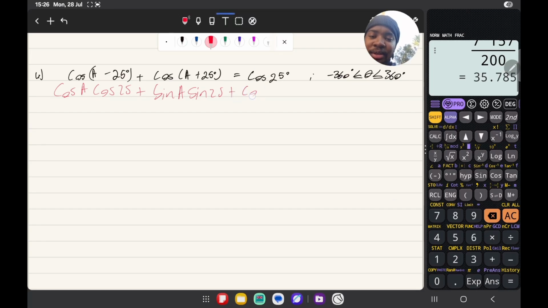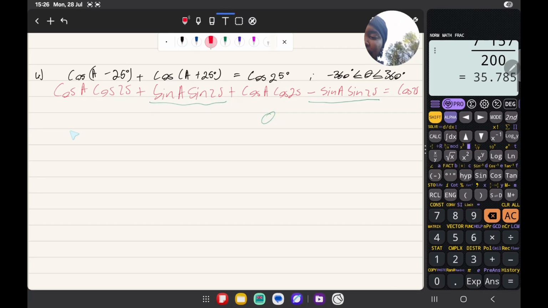Then you have a plus cos a cos 25, then there's gonna be a minus sine a sine 25, which equals cos 25. Look at the minus sine a sine 25 and plus sine a sine 25. They're gonna add up to 0.